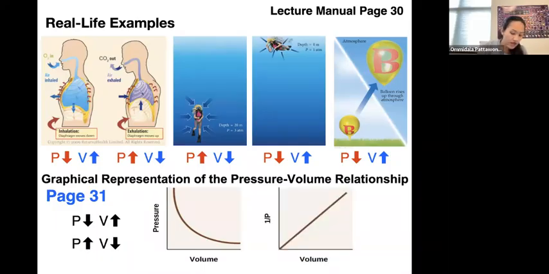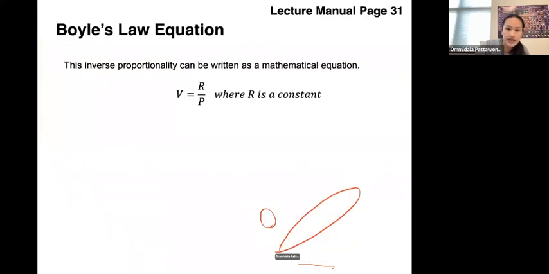If you plot 1 over pressure against volume, you are going to get a direct relationship. Therefore, if you write a mathematical equation to express the relationship, you will see that the volume and pressure are on opposite sides, which indicates that they are inversely proportional to each other.